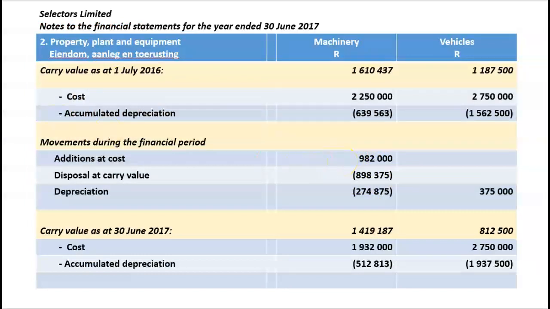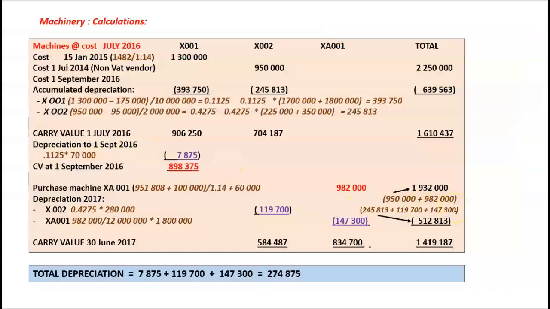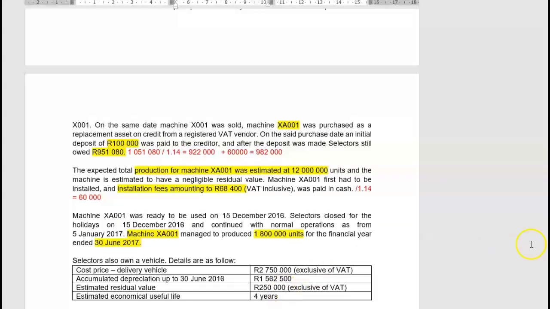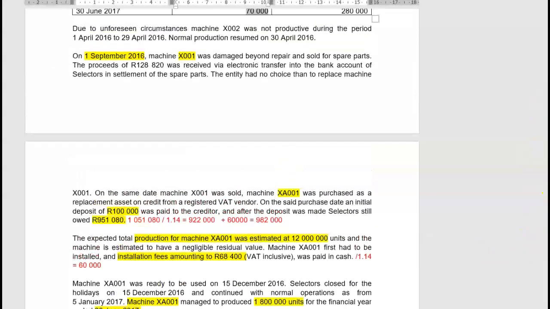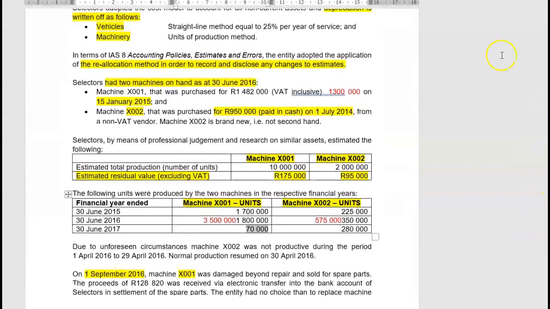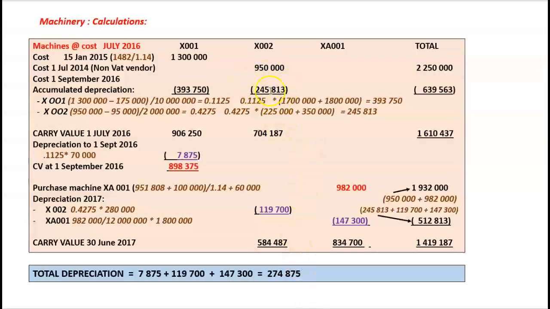So there's the 982,000. So the only remaining thing is to work out the depreciation on machine X002, which we had in the beginning of the year and still have at the end of the year. So X002, we have the rate per unit, and then we have the number of units, which equals 280,000 units. So there already, when we worked out the accumulated depreciation, we have established that our rate is 42.75 cents per unit.